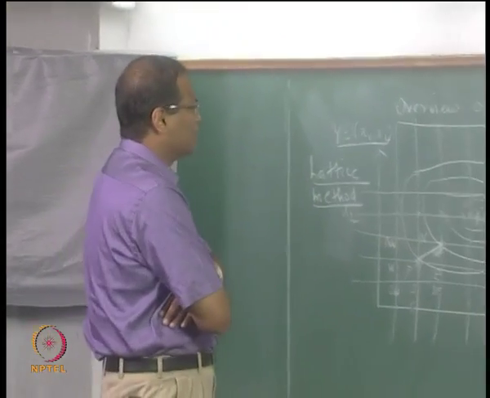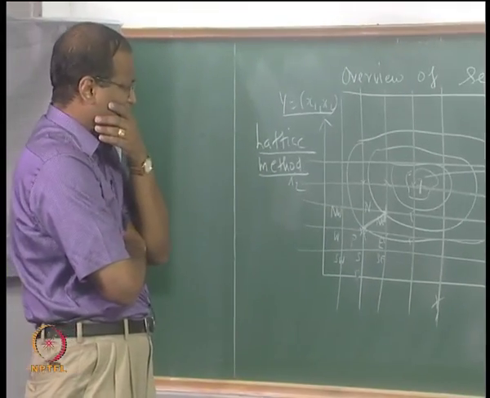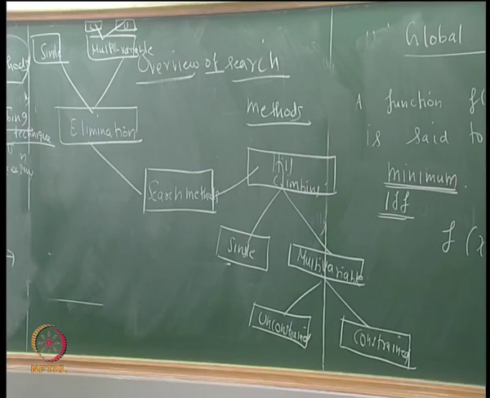For example, the toughest will be a constrained multivariable optimization problem, and whether we are able to discuss something in class, a hill climbing technique for a constrained multivariable problem, or an elimination technique for a constrained multivariable problem. How much of this we will be able to cover depends on the time we have.